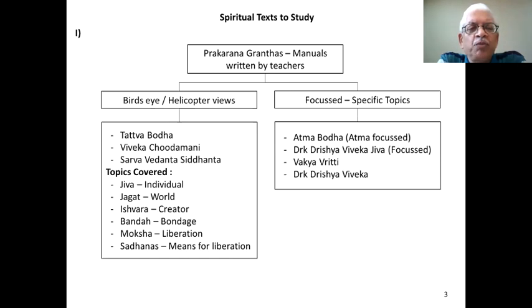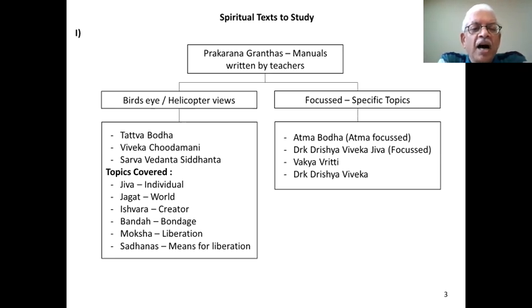One of the textbooks which is generally prescribed to start with is the Tattva Bodha, which gives the overall view of the spiritual study. Similarly, we have Vivek Chudamani, which is an enlarged version of Tattva Bodha. And then there are other texts like Sarva Vedanta Siddhanta.